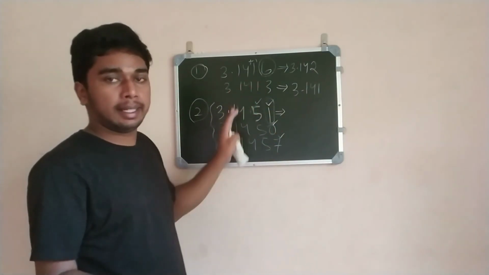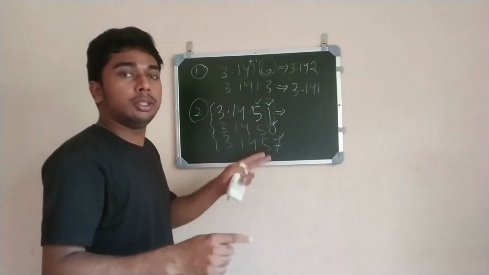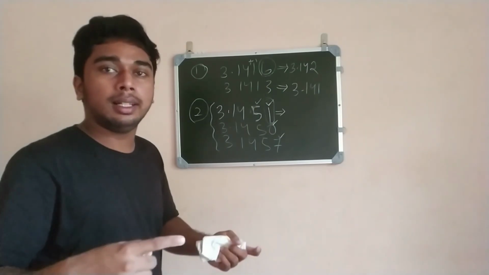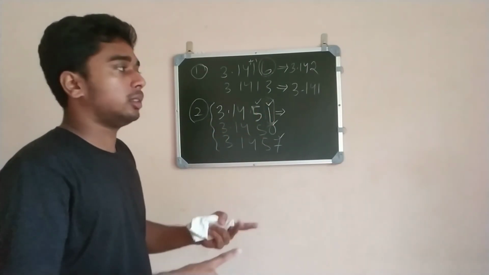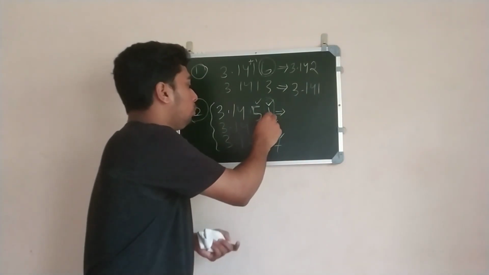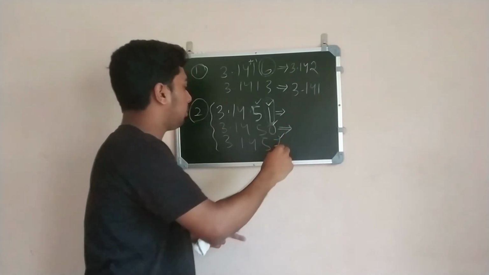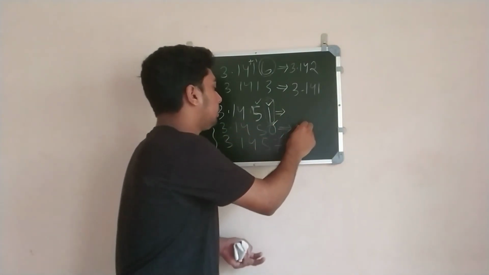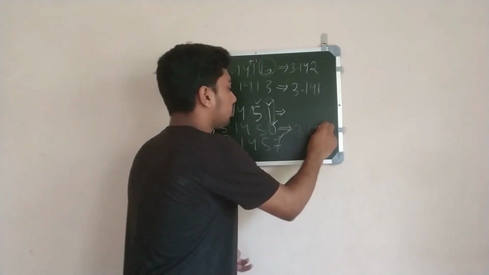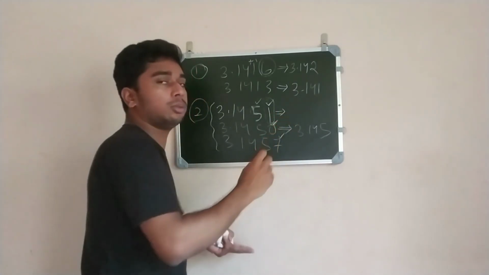In this case, you have to see whether the digit you want to round up is 0 or not. If it is 0, do nothing with it, keep it as it is. For example, in the middle one, it will be 3.141. I did nothing. I just took off this one.